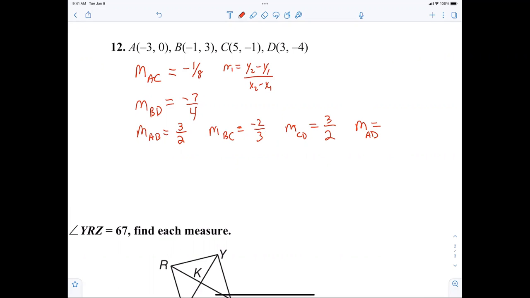And then AD. It comes out as -2/3. So do we agree they're all perpendicular and parallel? And if they're all perpendicular and parallel, that creates a what? Rectangle. All right. So we definitely know this is a rectangle.